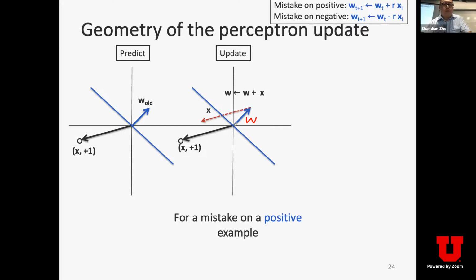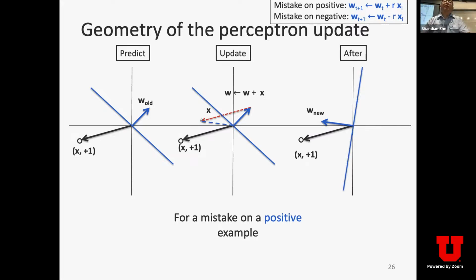Now you just connect the starting of the first vector to the end of the second vector. That's our new W vector. Accordingly, because this is our new W vector, our hyperplane, our classification boundary, will be orthogonal to the W vector. So this is where our new classification boundary stays. So now, what is our prediction on X?